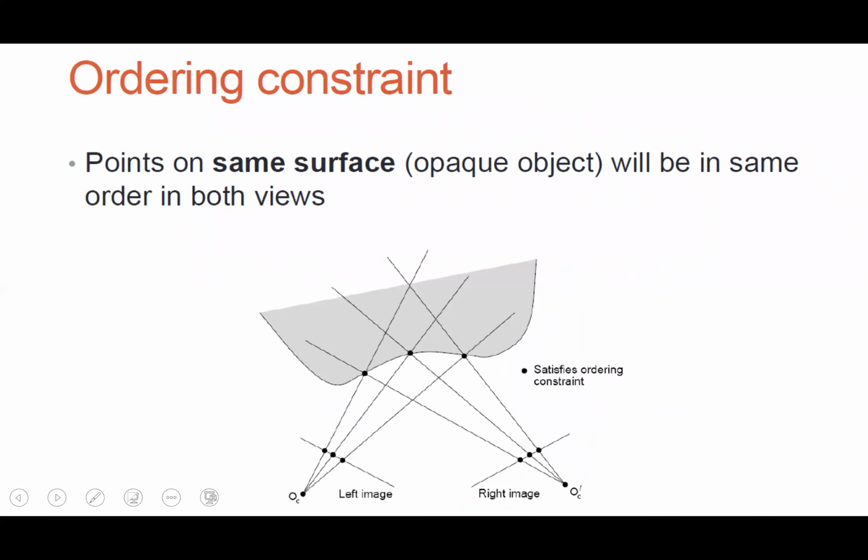The next constraint that is usually imposed is the order of points. If you look here, you call this point A, point B, and point C. Another constraint usually imposed is that even after the disparity, these points will be in the same order.